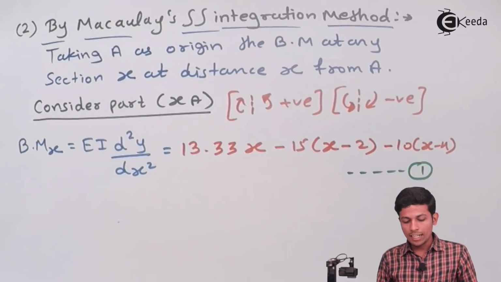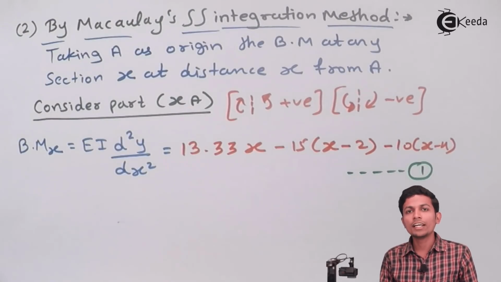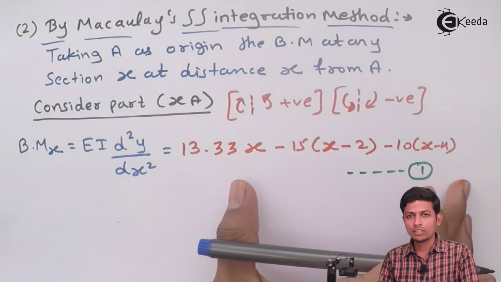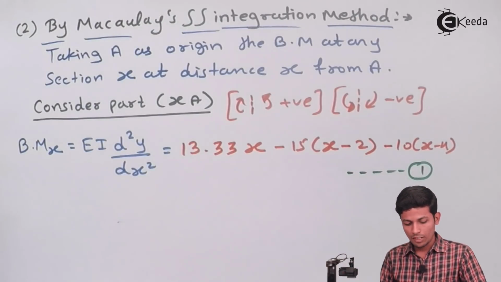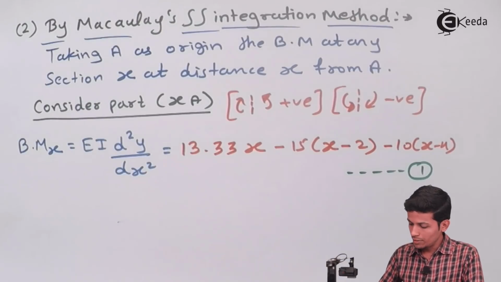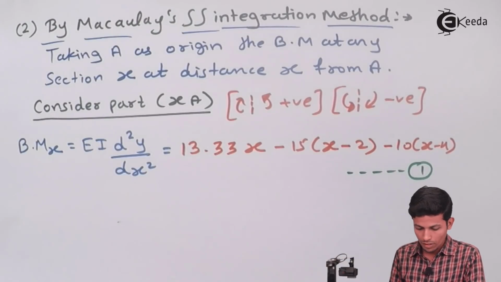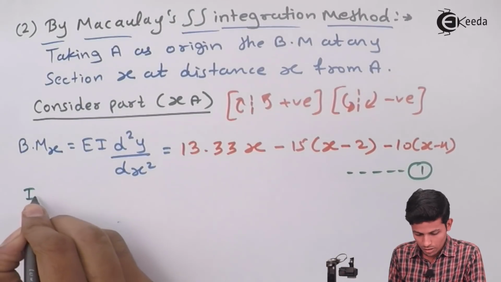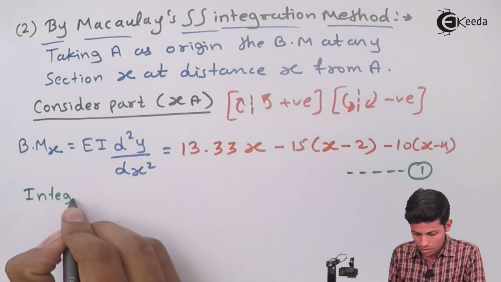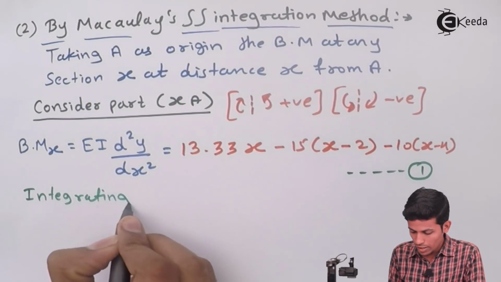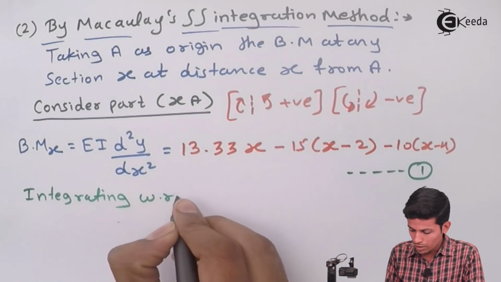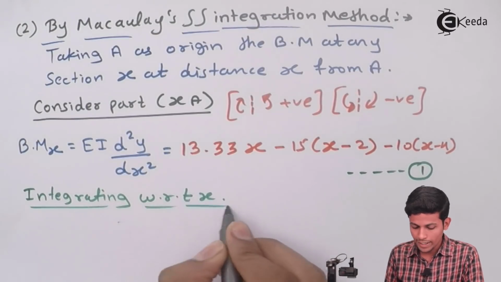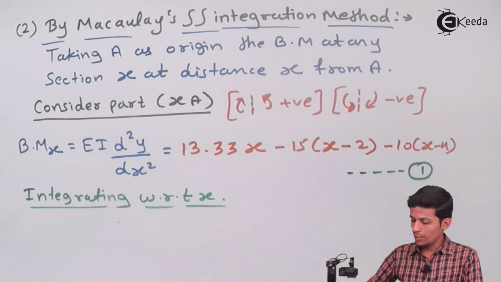After that, as the name indicates, Macaulay's double integration method, we have to integrate this equation 2 times. Now let's start. Integrating with respect to x. Now what comes over here?